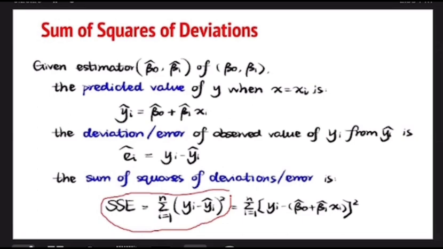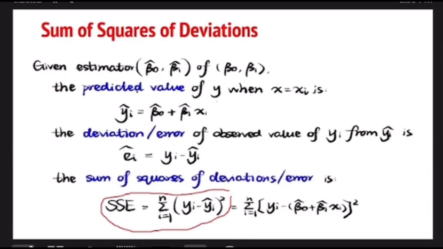Then the total variation is equal to explained plus unexplained. There's always going to be unexplained no matter what we do. So this is what we call the total unexplained variation. That is the variation our model cannot explain. Does that make sense? Okay, now we want to plug in y cap. What do we call y cap?